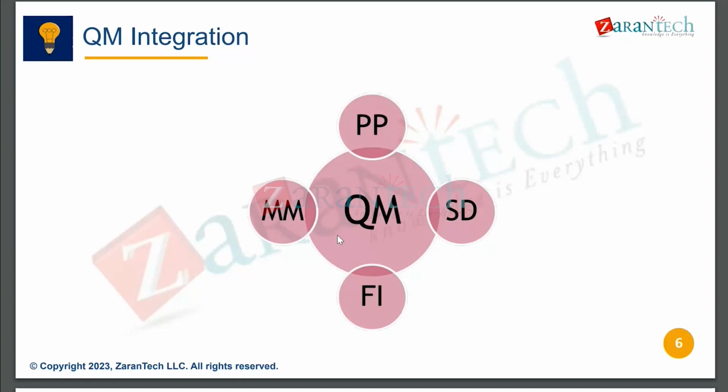it is interlinked with other modules. Here we have an integration with plant maintenance, but the calibration part of the plant maintenance activities is already within QM. We have test equipment management as a separate process, where we cover all the quality relevant calibration activities.